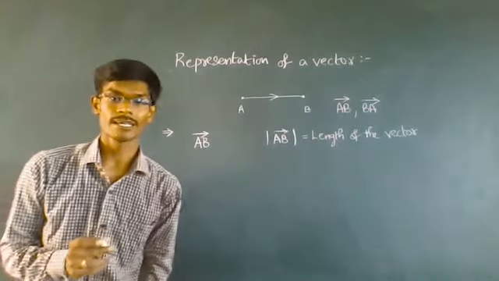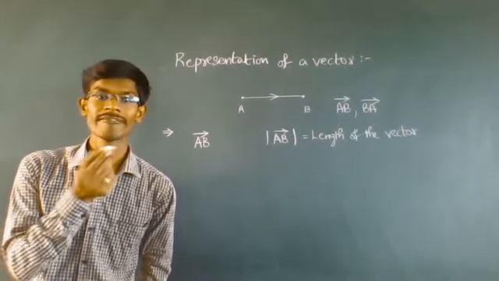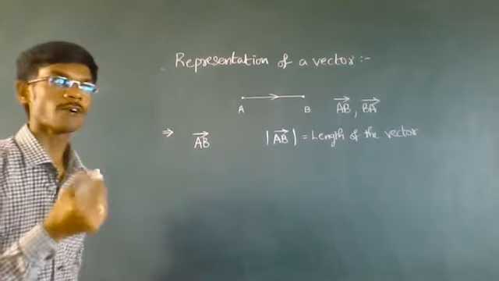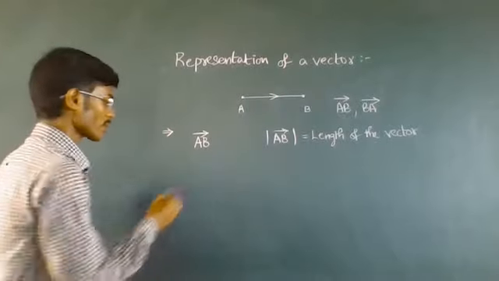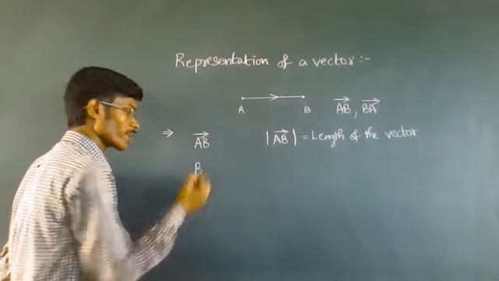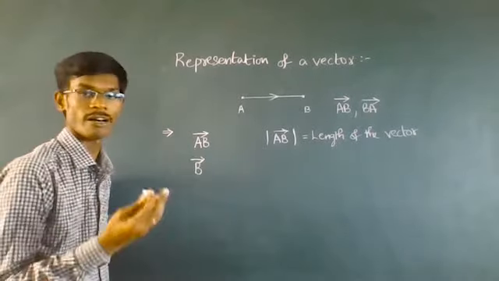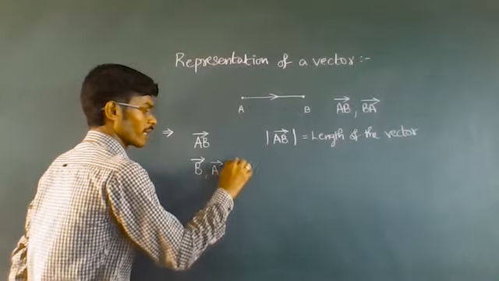Every vector or vector quantity is represented with an arrow overheaded with the alphabet. And if you want to write in terms of letters, that vector quantity should be represented in bold letters, B bar, or else if you want to write A bar vector, or C bar vector.